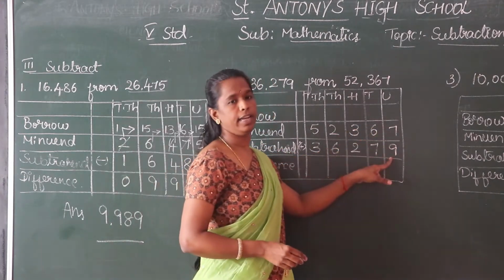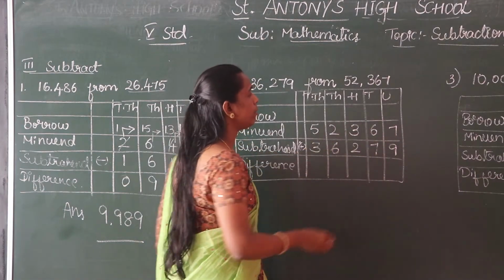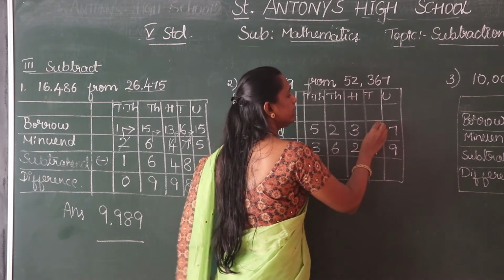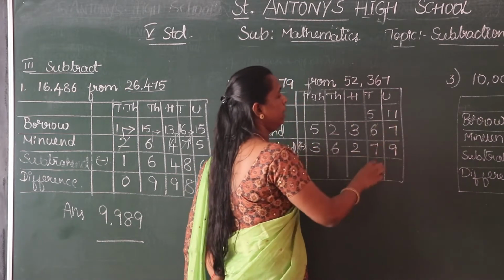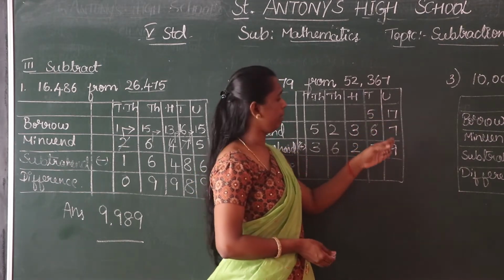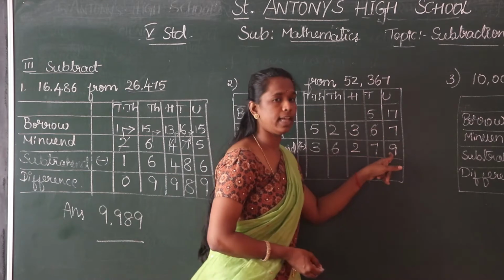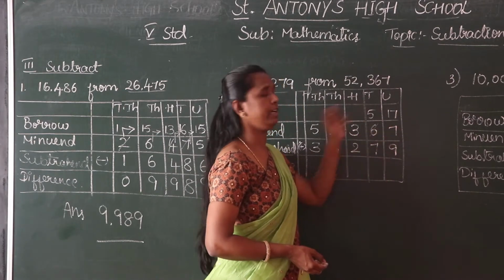7 minus 9 is not possible because 7 is a smaller number. When we take a borrow from the tens place, this 6 becomes 5, and this 7 becomes 17. When we borrow, we add 10 to the given number. Then 17 minus 9, what is the answer children? Count from 9 to 17.